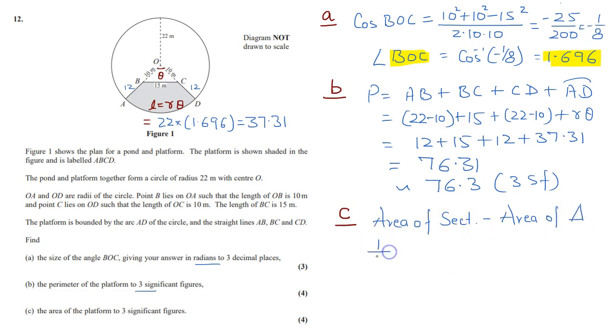Area of sector, we know the formula is half r square theta, that is half times 22 square times 1.696, minus area of triangle, which is half r square sine theta. In the triangle r is 10.